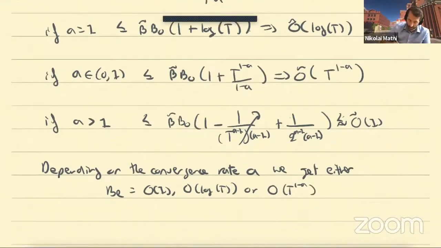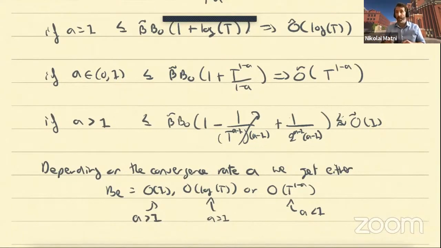Right, and this corresponds to a greater than 1, a equal to 1, and a less than 1. So we already see a fairly direct mapping between the underlying stability properties of our dynamical system and the bound on our loss function BL.